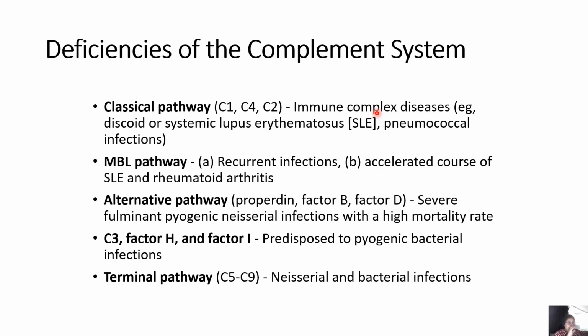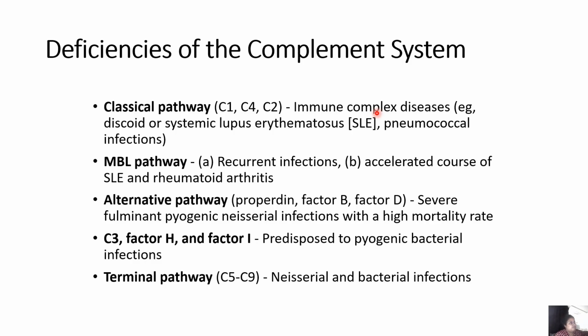Then we have the alternative pathway, with severe fulminant pyogenic infections with a high mortality rate. Then we have C3, factor H and factor I, right?